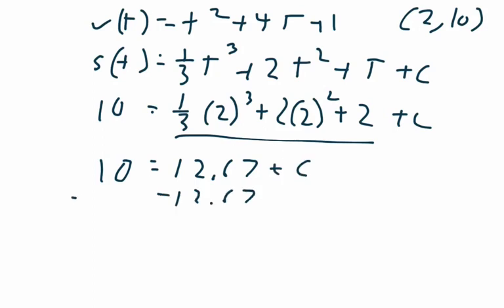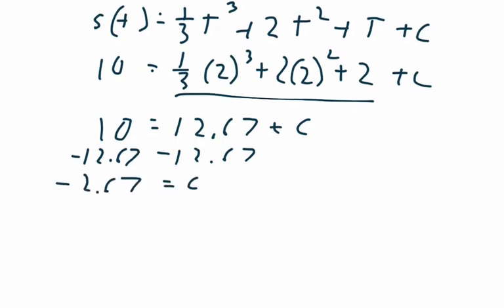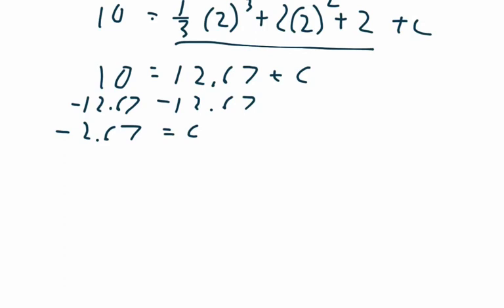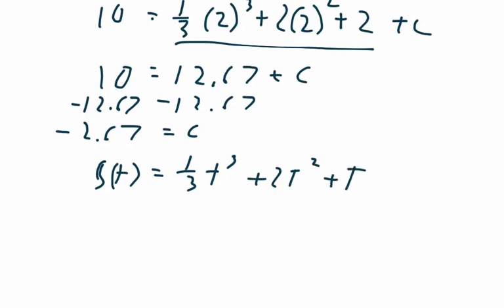Subtract the 12.67, and c equals negative 2.67. So my equation is s of t equals 1/3 t cubed plus 2t squared plus t minus 2.67.